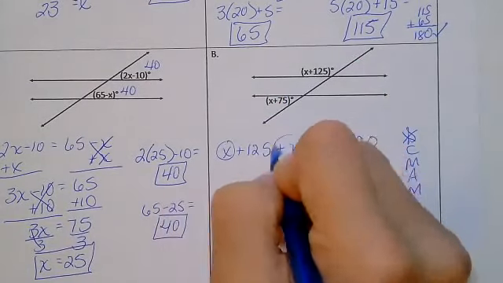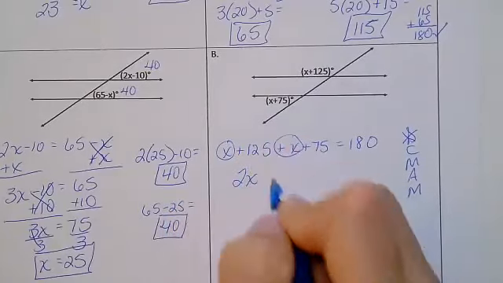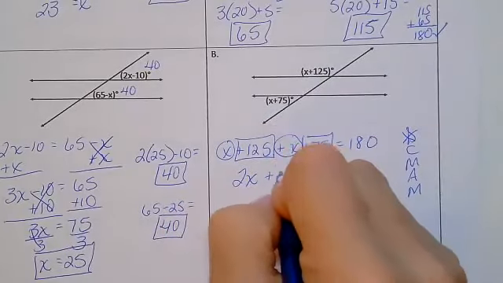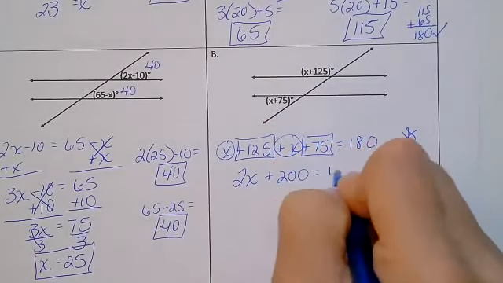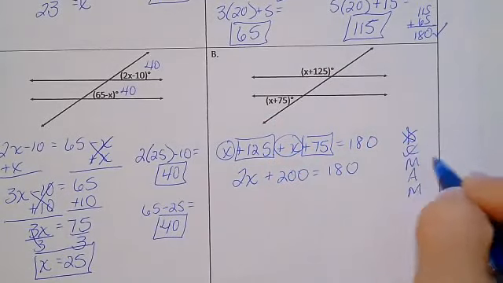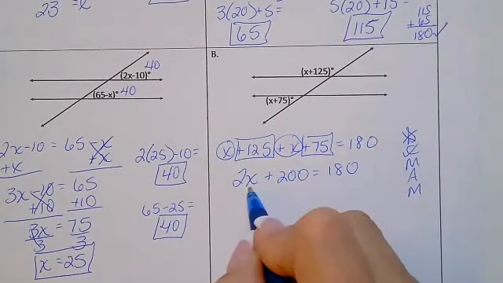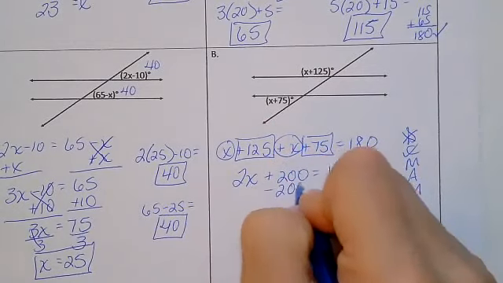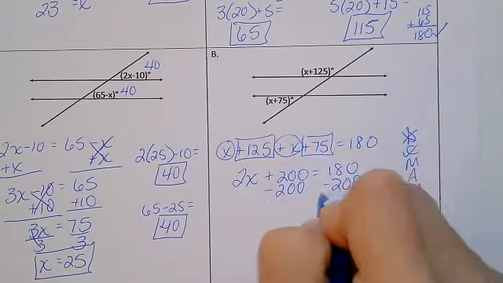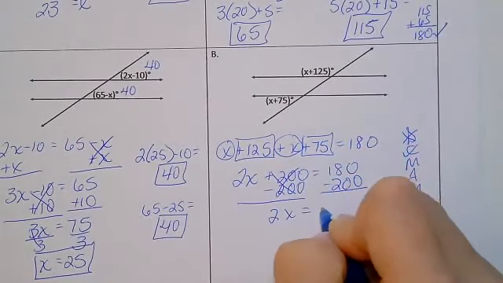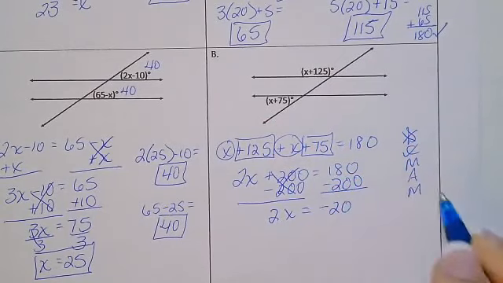I have 2 x's and 2 constants. Okay, done combining, move. Okay, x is all by itself over here, so I need to move 200. 2x equals negative 20.